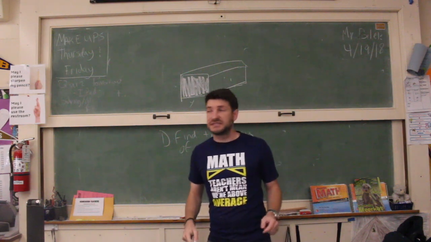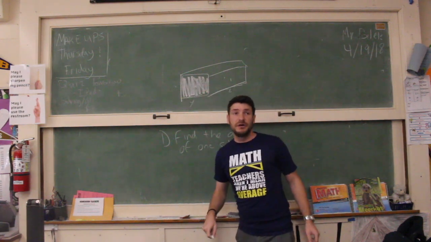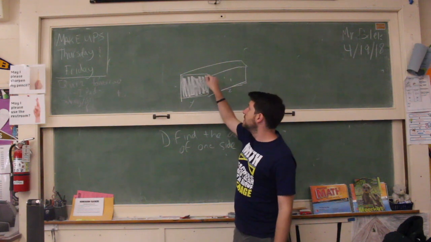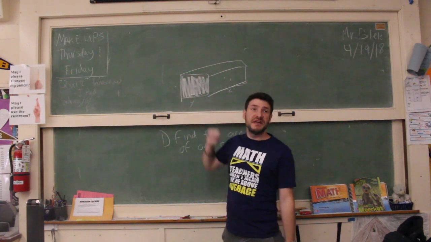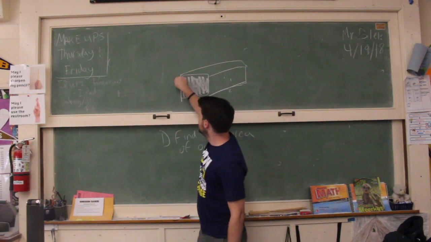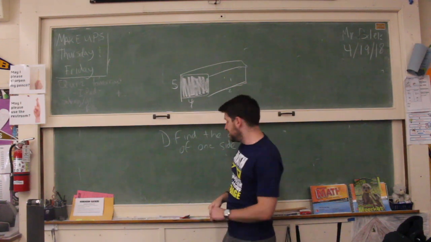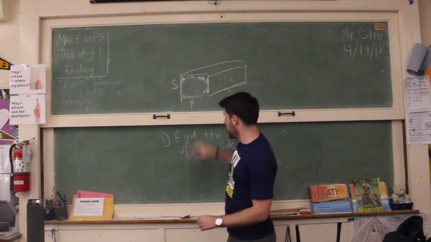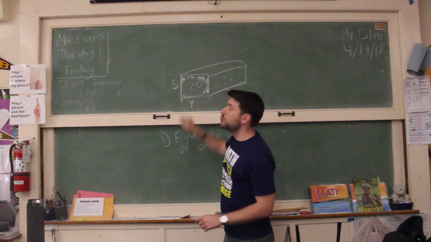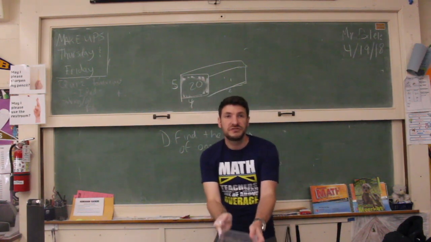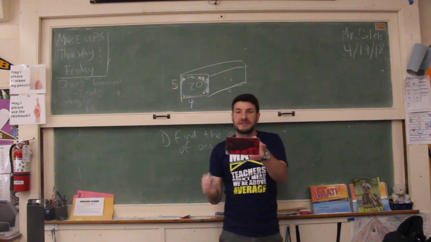I usually use the front side, the side they give you the measurements for. So they'll give you the measurements for this, and you're going to find the area of this. So for example, if this was a 5 and this was a 4, the area of this front would be 20. So now we know the measurement of this.